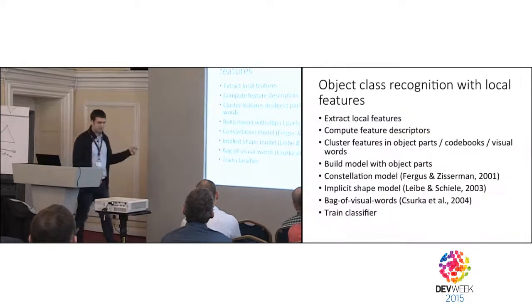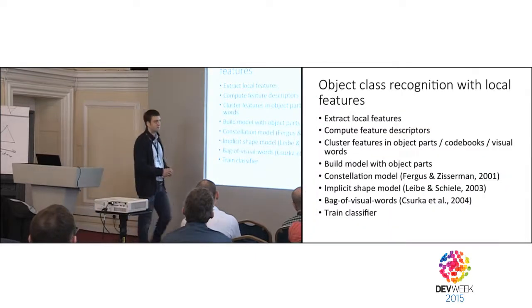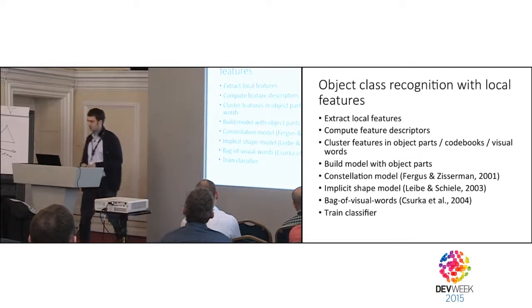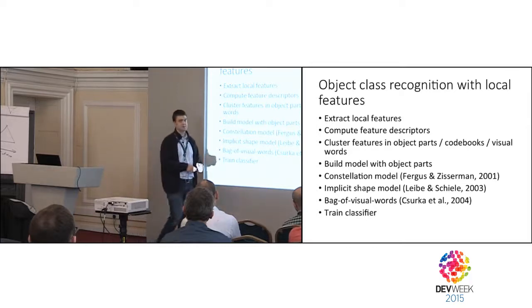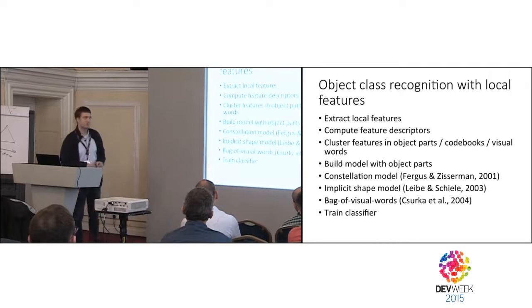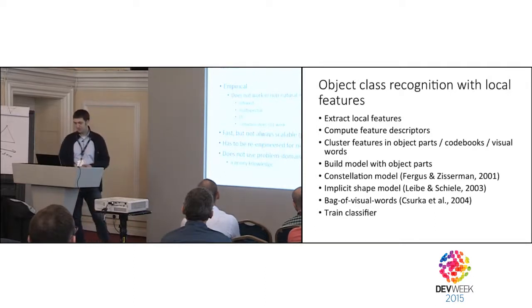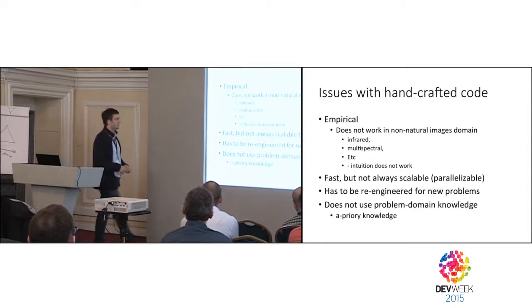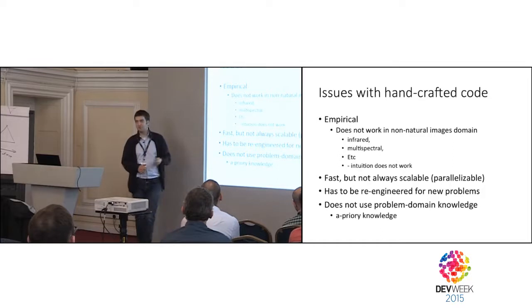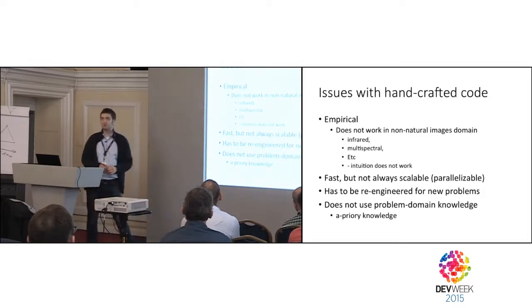With these manually handcrafted features, the object recognition problem is solved by analyzing the features, building histograms of their characteristics, and then putting them into classifiers. And what issues do we have with that? First of all, most of these features are empirical.